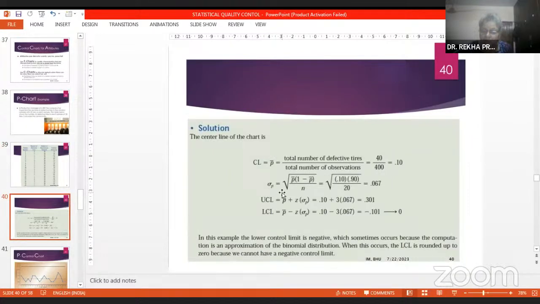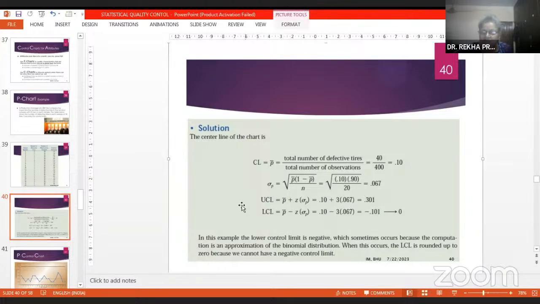So जो control limit है, the mean, it is total number of defective tires divided by total number of observations. तो total number हमने देखा data से कि total number of defective tires was 40 and total number of observation was 400. तो control जो limit है, it is 0.10. और the formula for the standard deviation is P bar into 1 minus P bar, because 1 minus P bar means नहीं है, बाइनरी है ना, या तो डिफेक्टिव है या नहीं है, divided by n. तो यहाँ P bar क्या है? 0.1. तो 1 minus P bar will be 0.9 divided by n is 20.